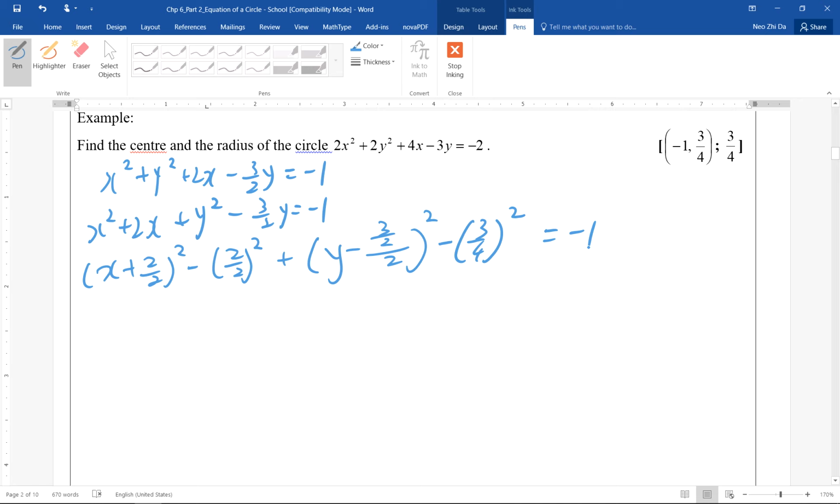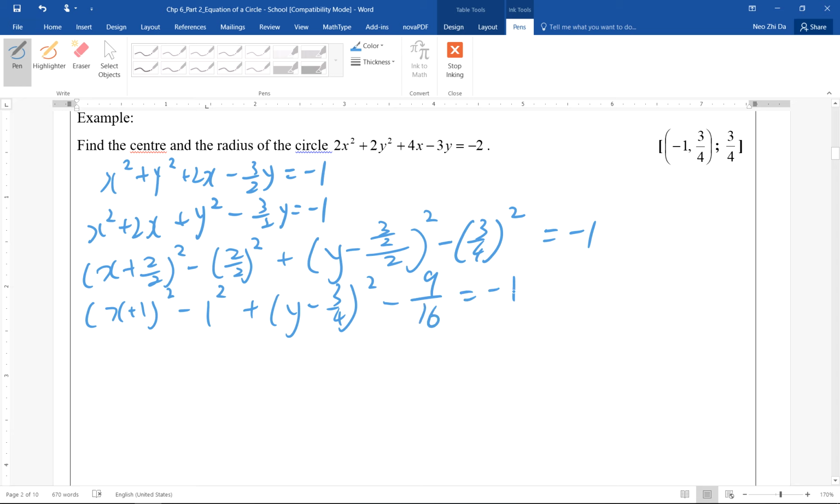Okay, ring a bell? Recap already. If this is a plus, this is a plus. If this is a minus, this is a minus. Here the center is always minus. This one copy. This one copy. Minus 9 over 16.